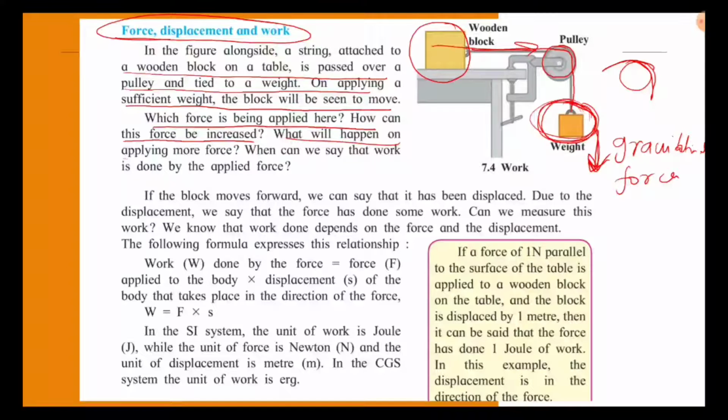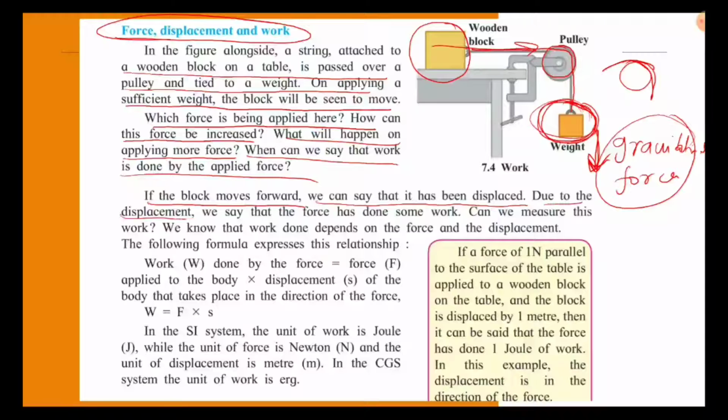What will happen on applying more force? We can see the work is done by the applied force. Whether it is the gravitational force or a force we apply from our side, when the force is applied, then and only then is work done. If the block moves forwards, we can say that it has been displaced.